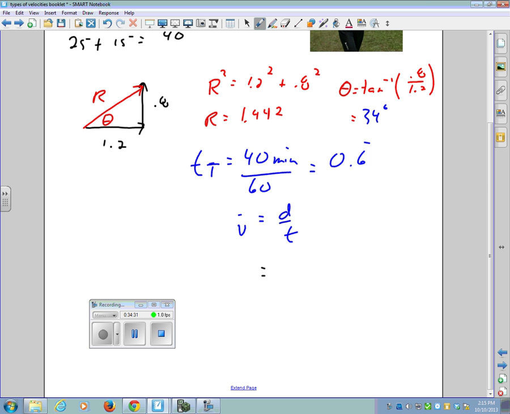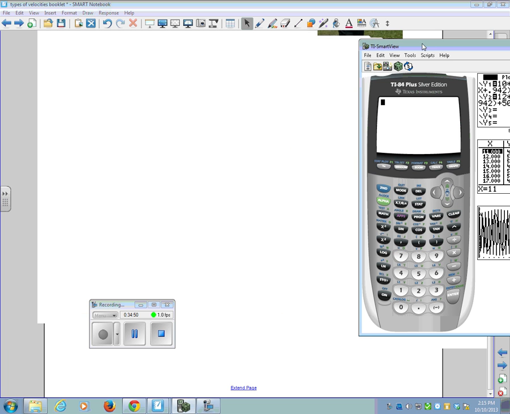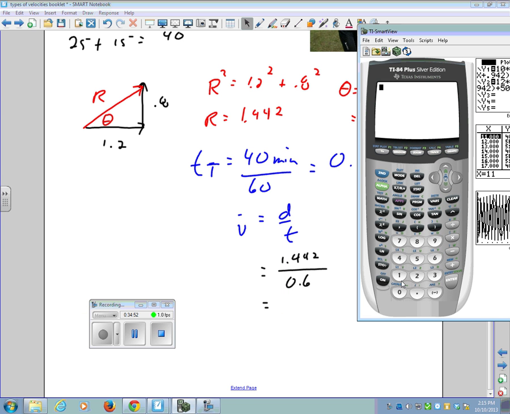So my total distance is 1.442. My time is 0.6 repeating. Now, how am I going to do that on my calculator? You can go 0.6666666 if you want, or if you're a super genius, you would go 1.442 divided by, now how did I get my 0.6 repeating?